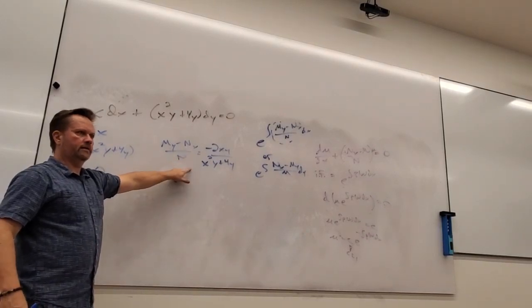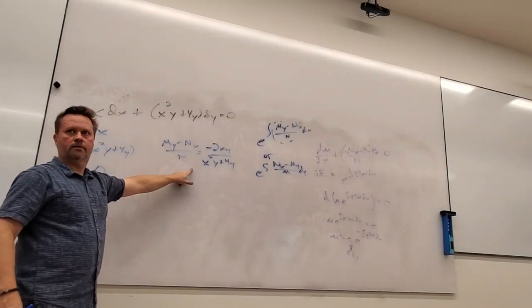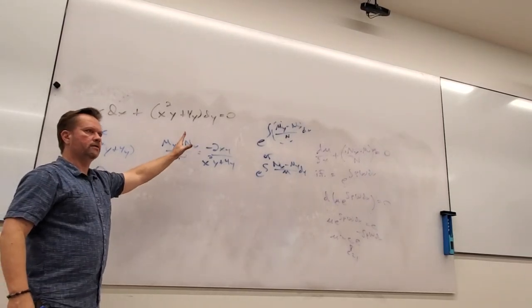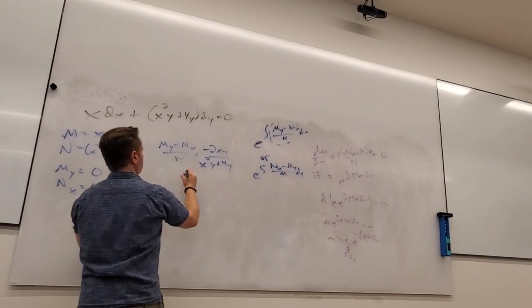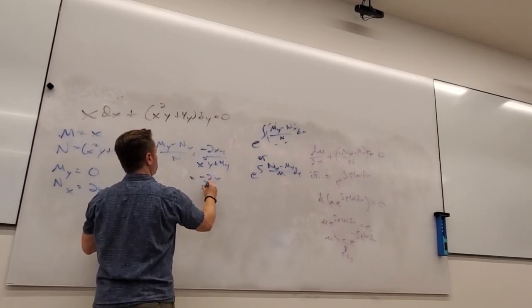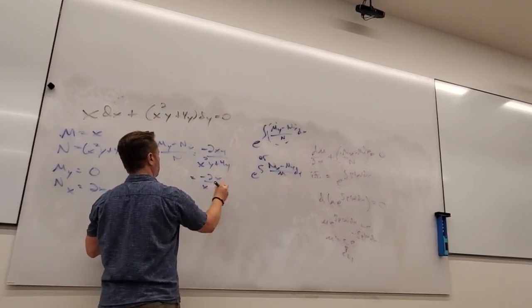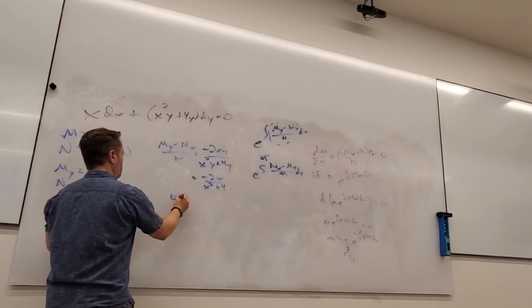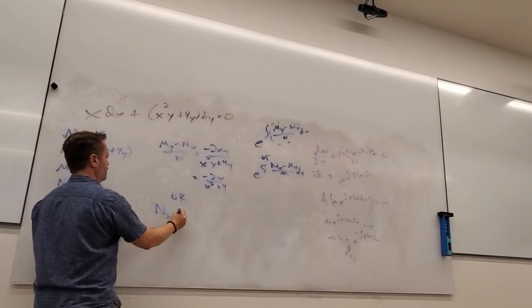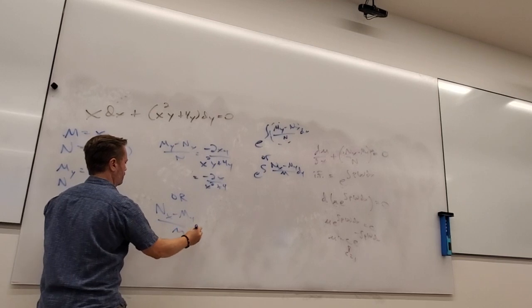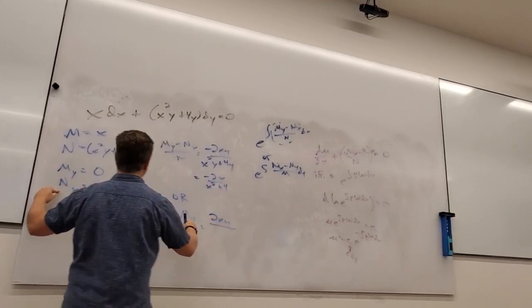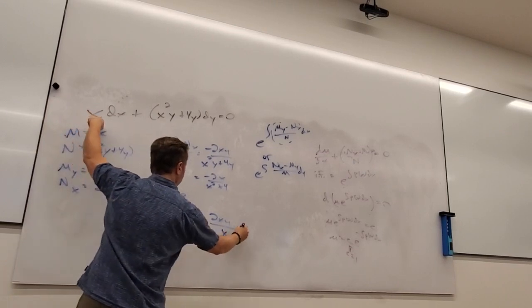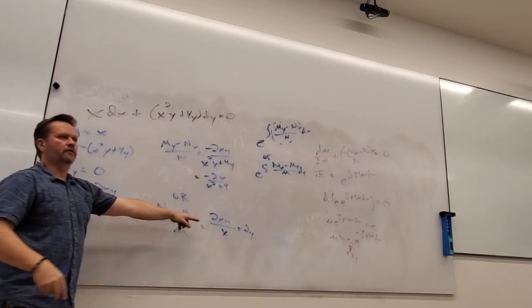You can see that this is a function of x only, because the y's all cancel. This would equal negative 2x over x squared plus 4. Or, if I look at it the other way, N_x is 2xy, M_y thankfully is 0, and M is x, so this is obviously a function of y only.